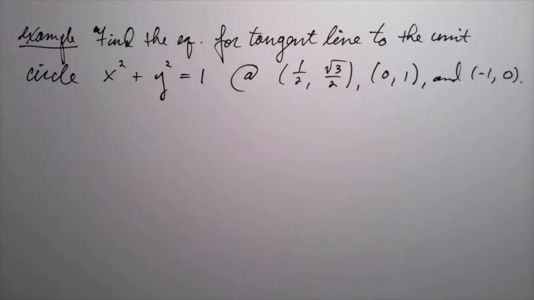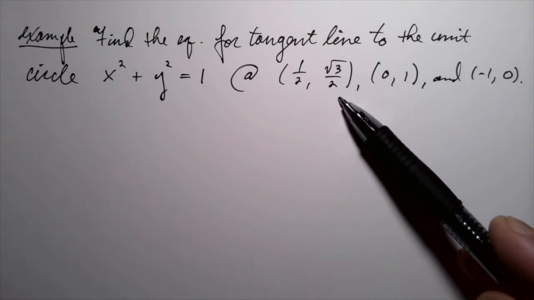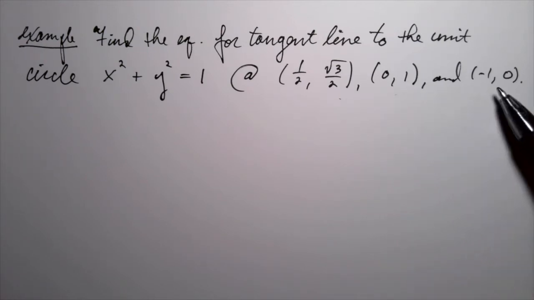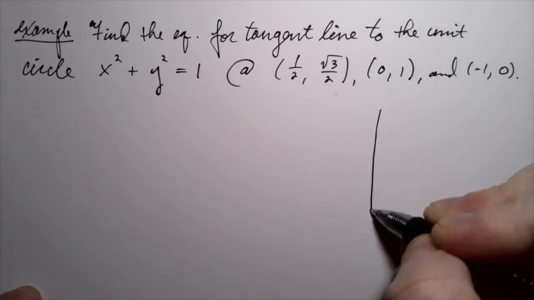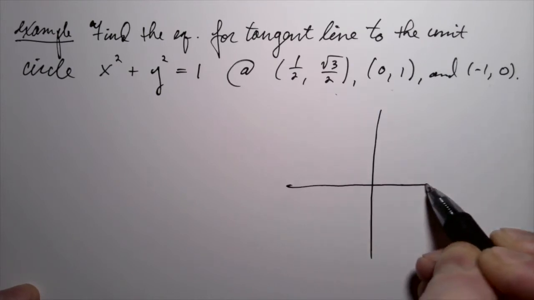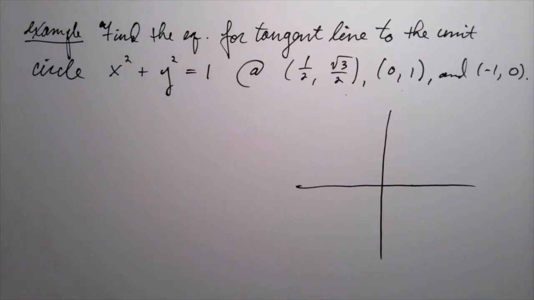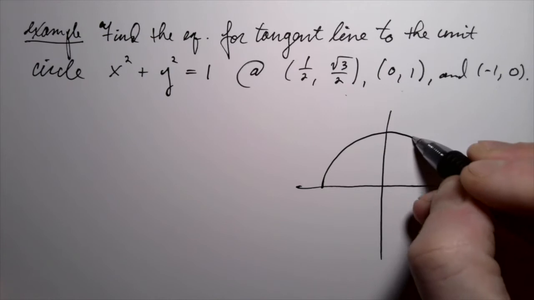Let's find the equation for the tangent line to the unit circle at these 3 points: 1/2, root 3 over 2; 0, 1; and minus 1, 0. If you haven't seen it before, it's pretty nifty that the unit circle has this equation, x squared plus y squared equals 1.